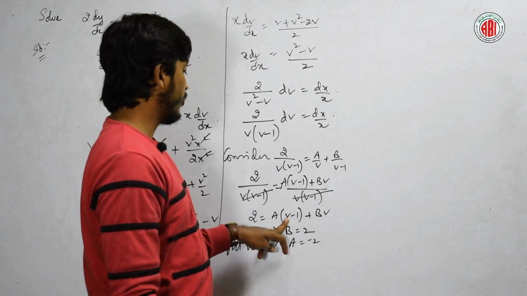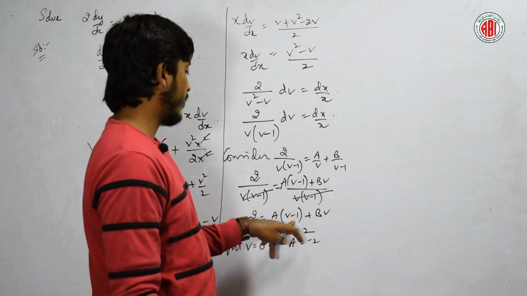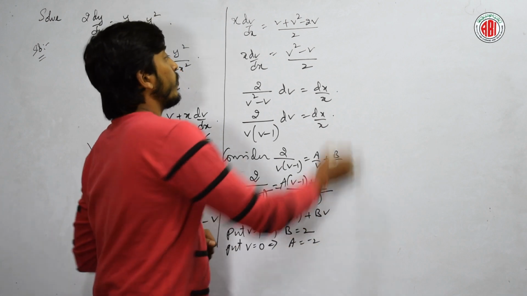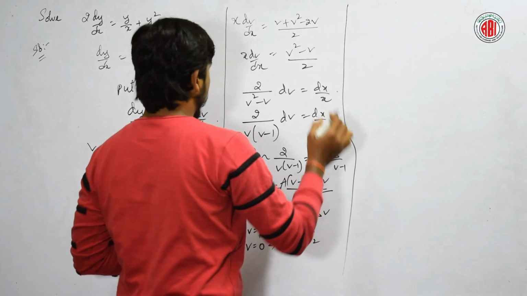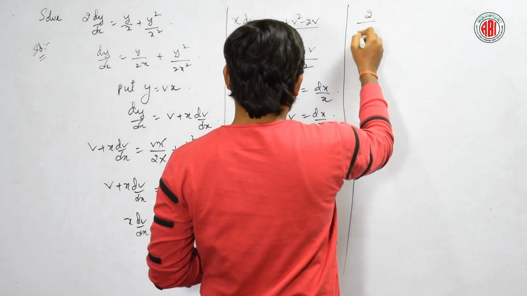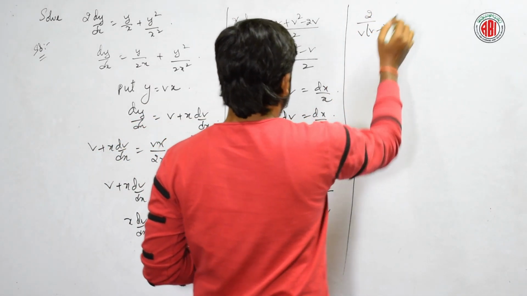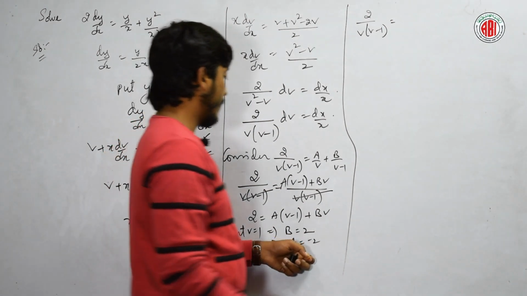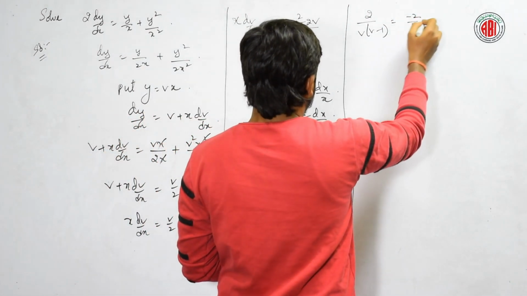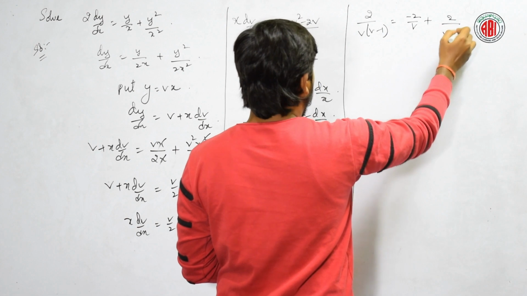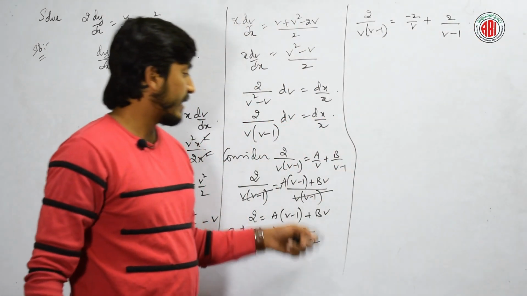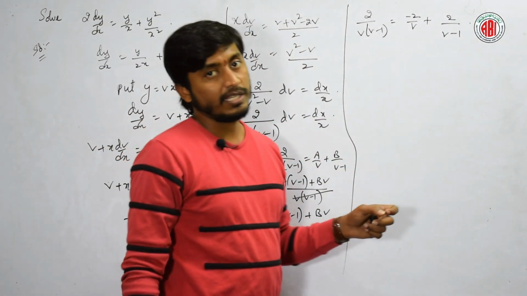If I put v equal to 0, I will get this term as 0. I will get a equal to minus 2. So what do we get? 2 by v into v minus 1 is equal to, what is a? Minus 2 by v plus 2 by v minus 1.